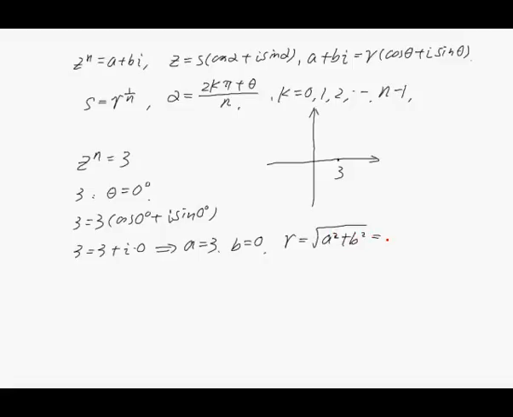So this is just equal to 3, right? So now sine theta is equal to b over r. So it's equal to 0 over 3, equal to 0. So this just implies you may take theta to be 0 degrees. Then in this way you find the argument for this real number.